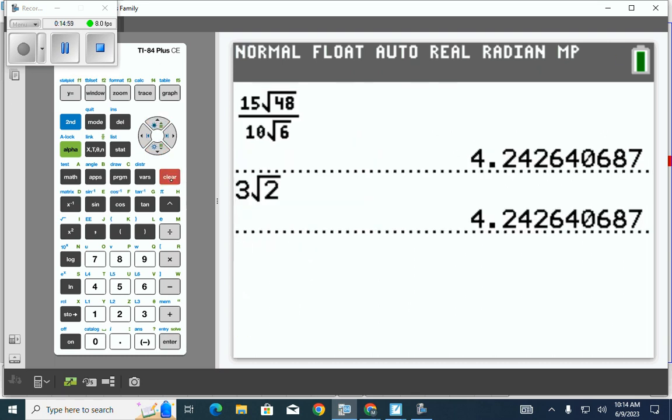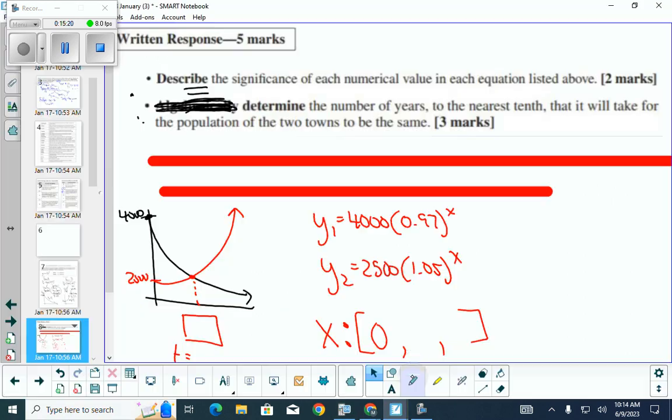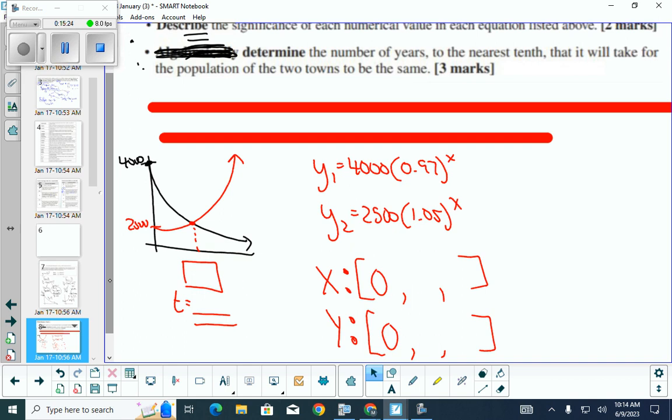Okay, so I'm just going to do mine on my handheld here. So 4,000 times 0.97 to the x, and then 2,500 times 1.05 to the x. Okay, so for window settings, what should your Y max be in order to be able to see that 4,000? What would you make your Y max?